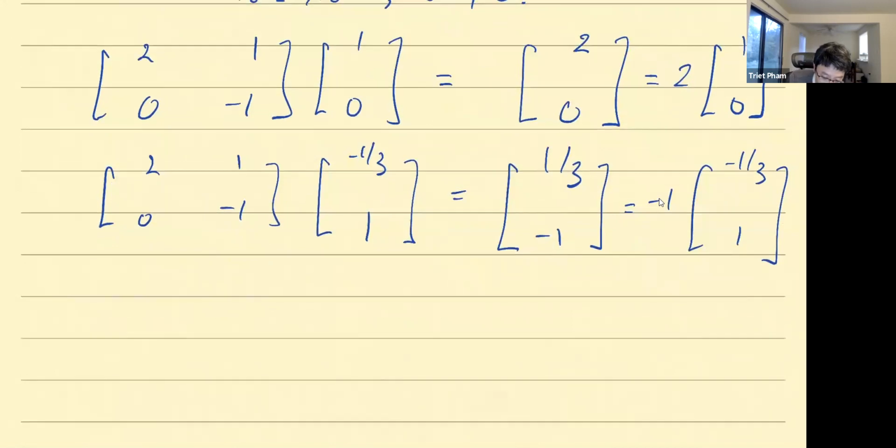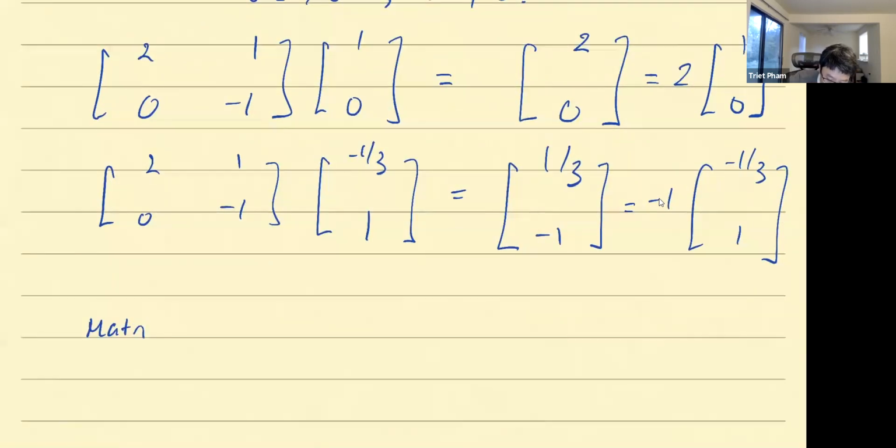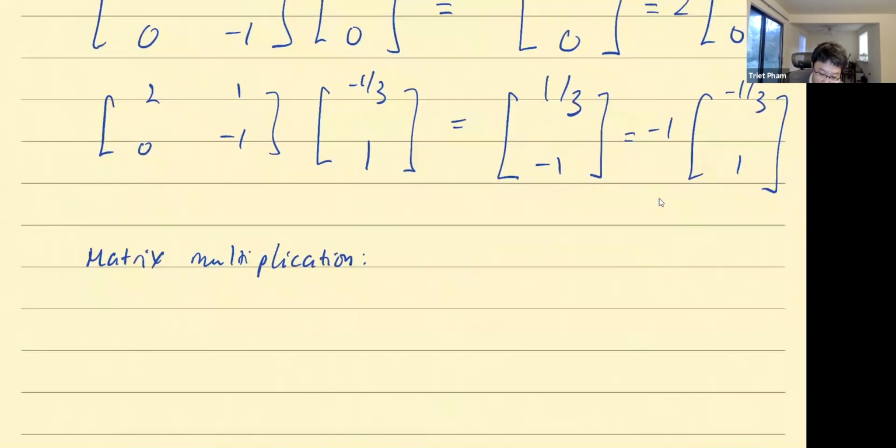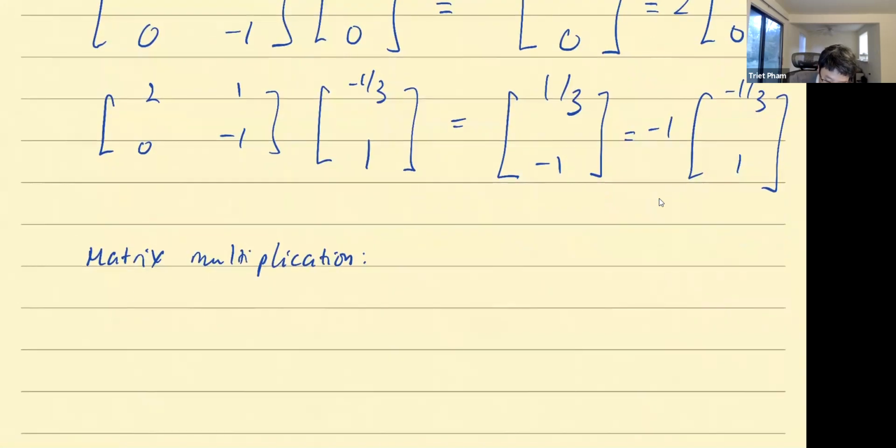So matrix multiplication is done with, let's say, an n by m matrix and an m by p matrix. So this is n rows, m columns, m rows, p columns. It's important that this and this match. If they don't match, you can't multiply.